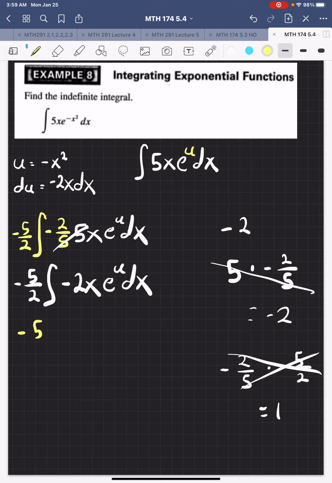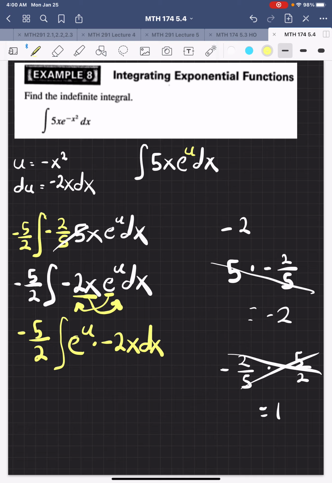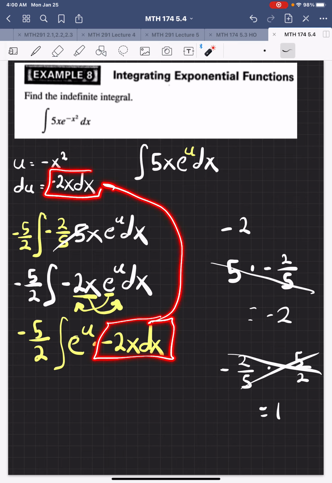If it helps you see why we can do that, you can rearrange, right? You could bring the e to the u over here and the negative 2x over here. So it looks like this, e to the u times negative 2x dx, right? You can manipulate it, so maybe now you can see how the negative 2x dx matches.